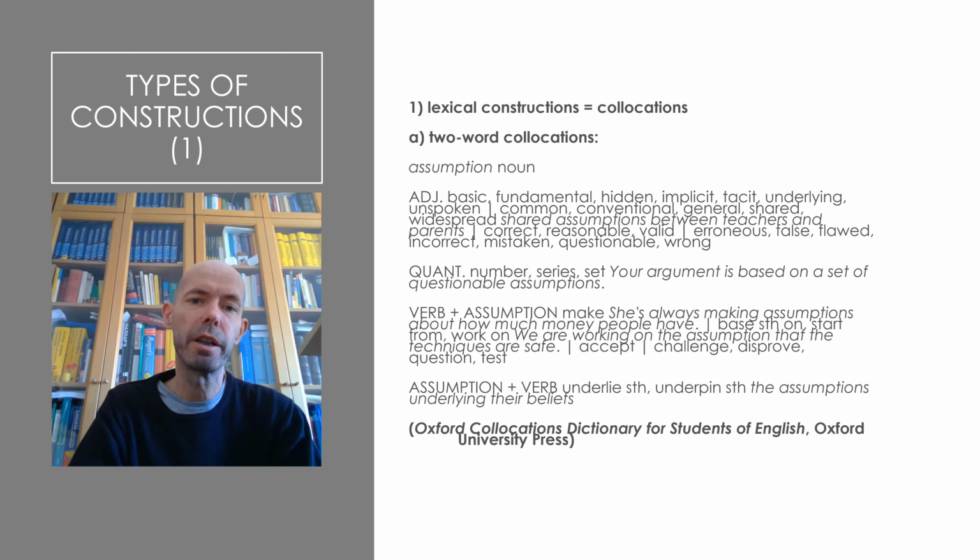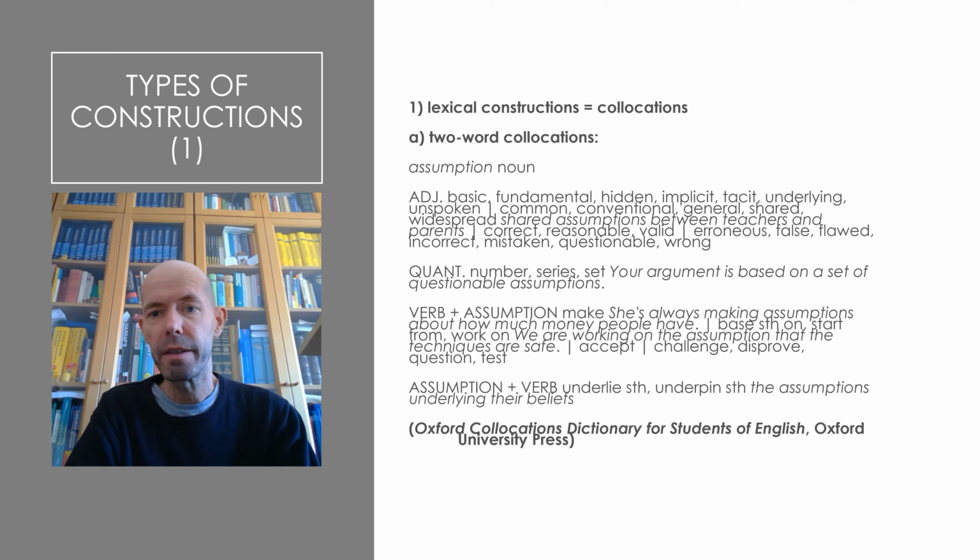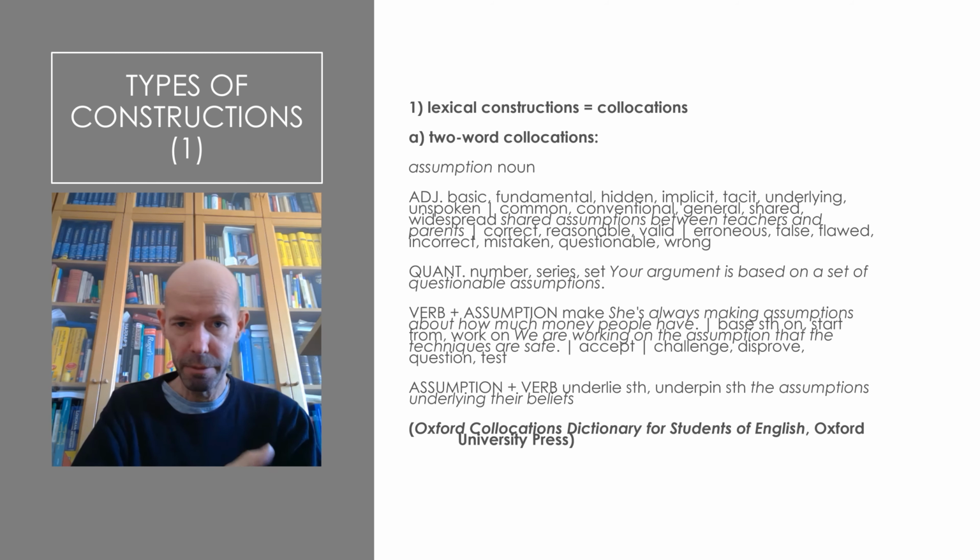Another typical collocation is with quantifiers. So you get sentences like, your argument is based on a set of questionable assumptions. In German, this would be eine Reihe von Annahmen. And then we have verbal collocations, of course, with verbs, with nouns like assumption. And there are two types.